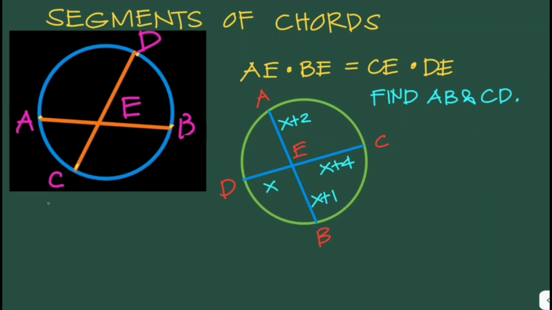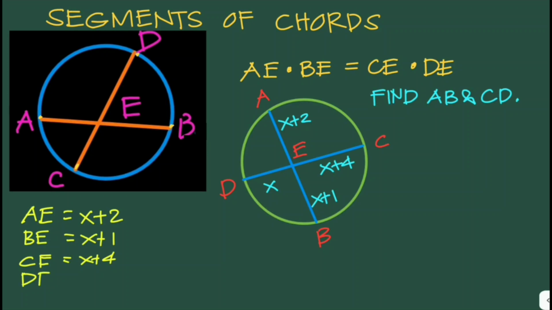So AE is equal to x plus 2, then BE is equal to x plus 1, CE is equal to x plus 4, and then DE is equal to x. So how are we going to find the lengths of chords AB and CD? We use the theorem, this one.